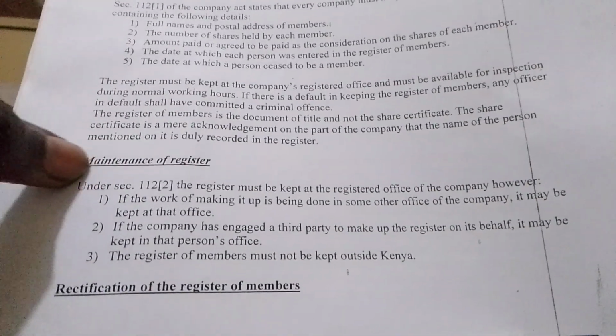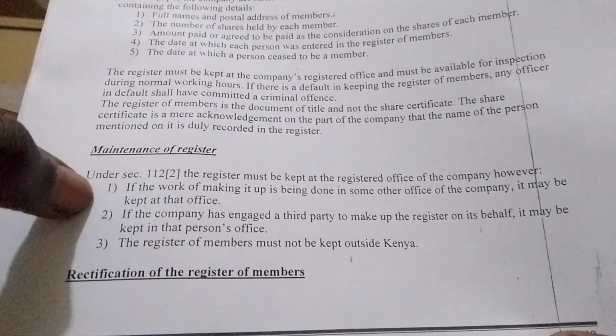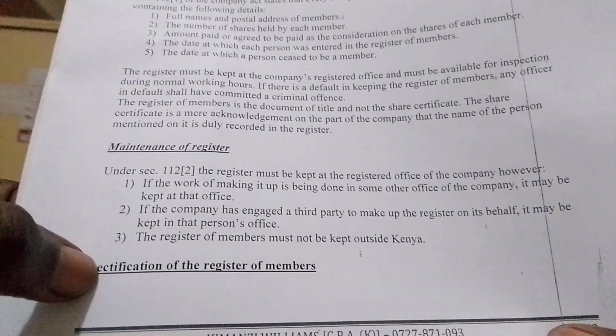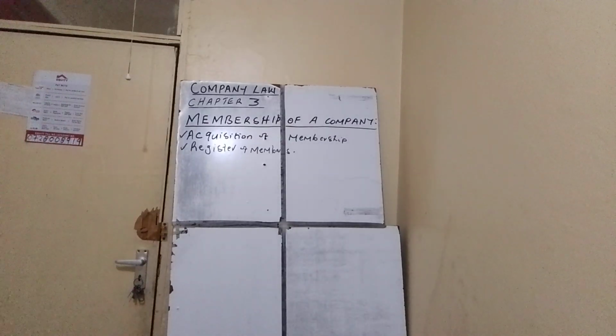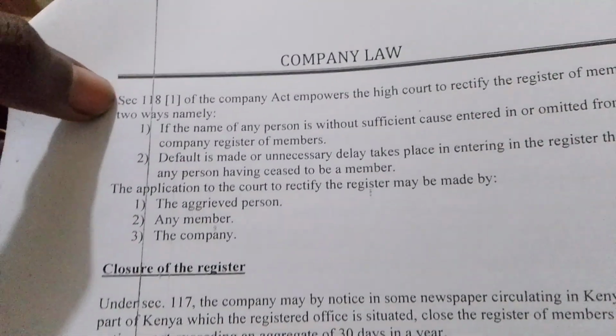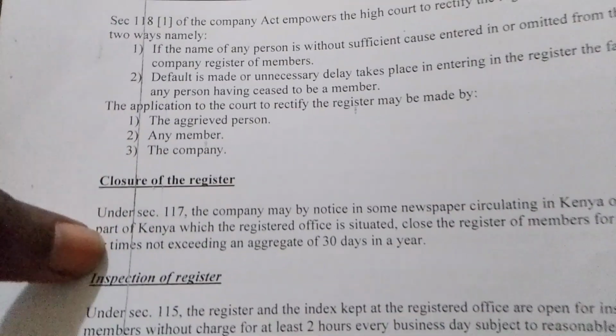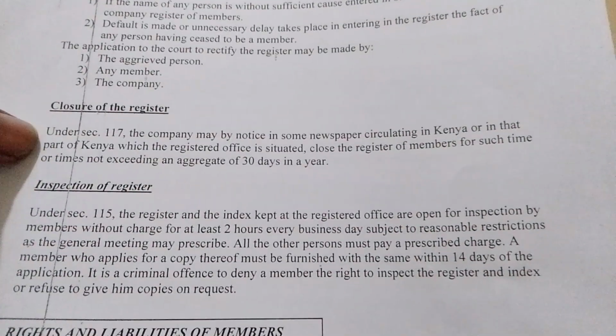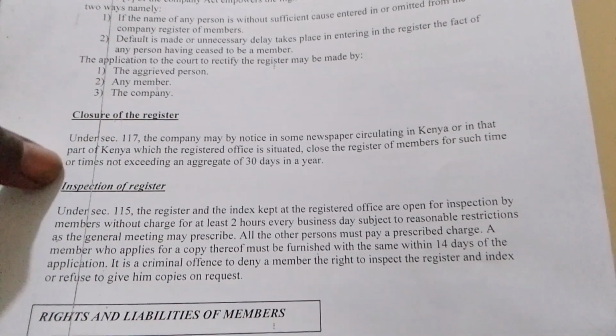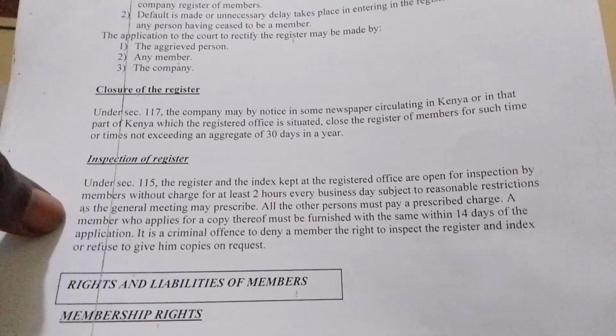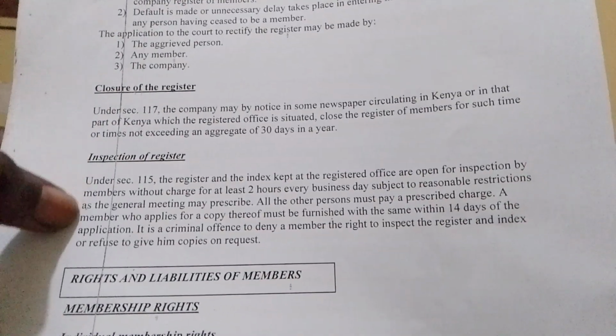Then maintenance of register, then rectification of register of members. Then away from that, closure of the register, and inspection of register. You can pause your video and you take up that.